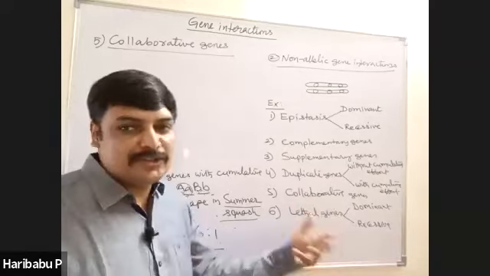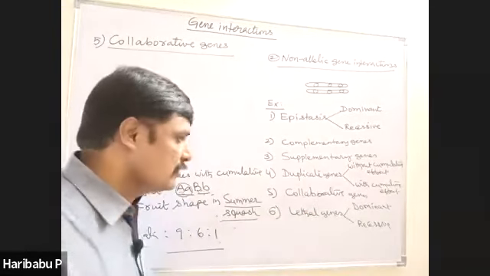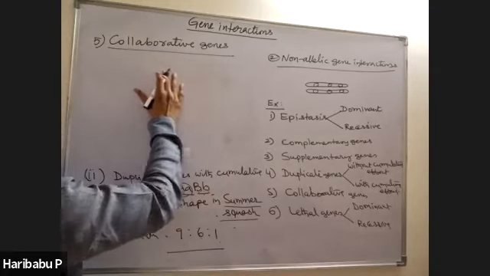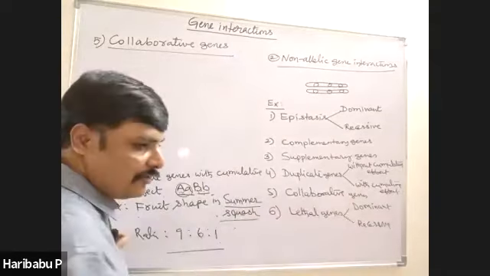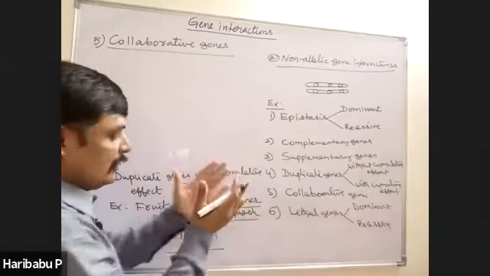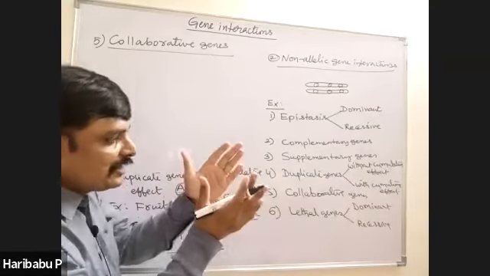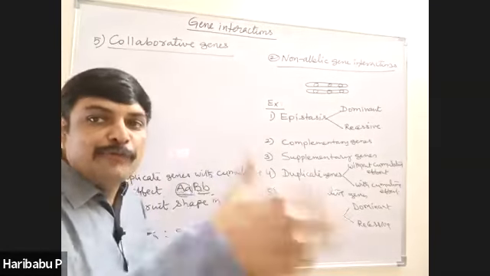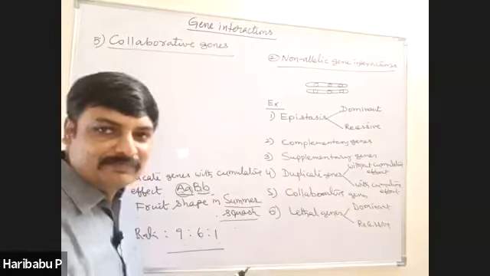In collaboration, what happens is the two genes independently express their characters or traits. But when these two genes interact with each other, all together a new phenotype is produced.